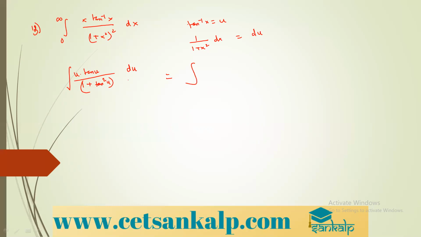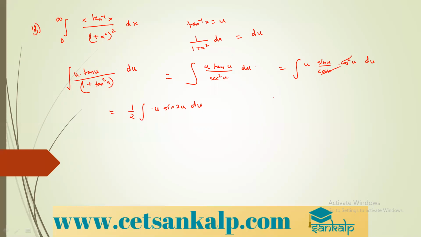So that means it will be u tan u by secant square u du. Or you can write integral u sine u by cos u into cos square u. 1 cos u will cancel. So you can write this as 1 by 2 integral u sine 2u du.